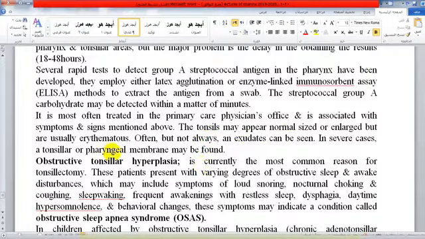Obstructive tonsillar hyperplasia is currently the most common reason for tonsillectomy.